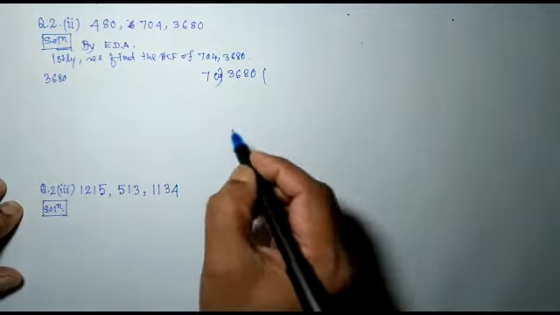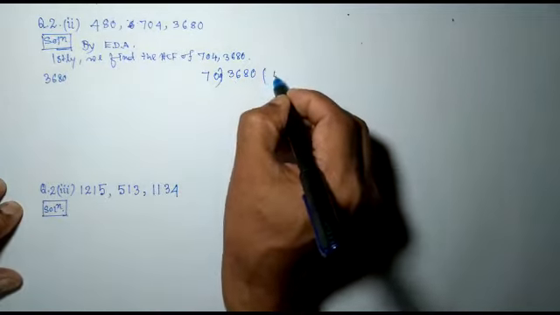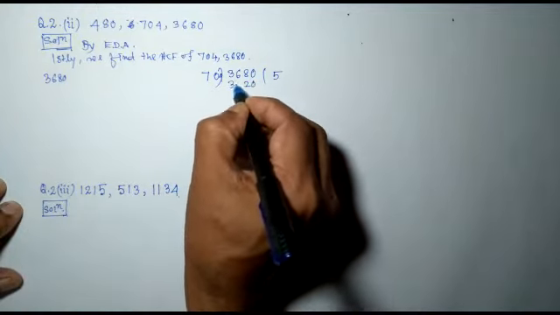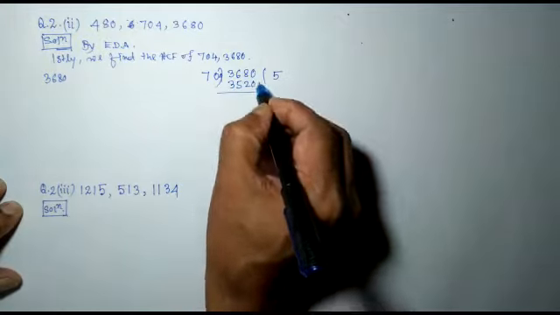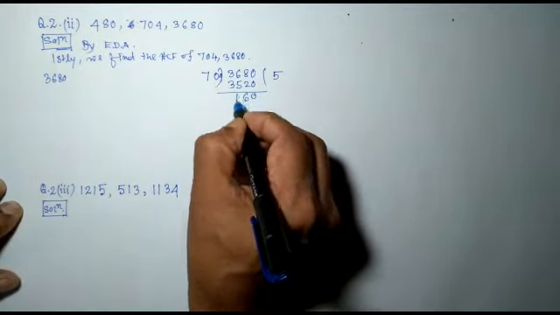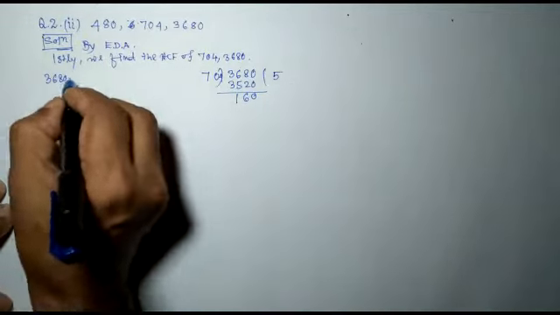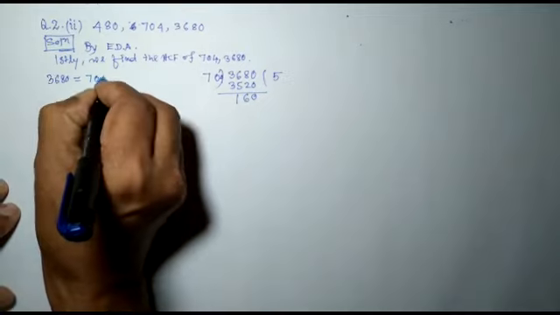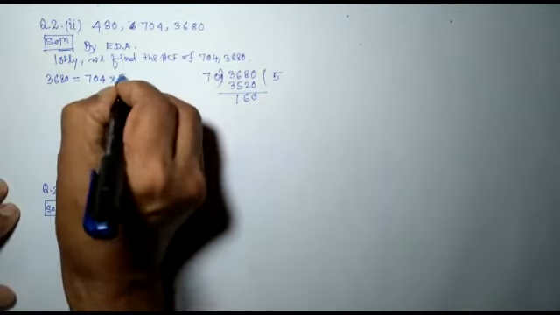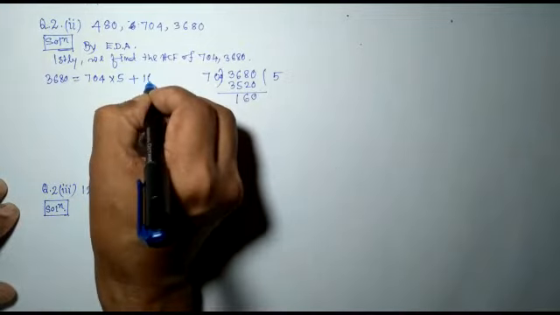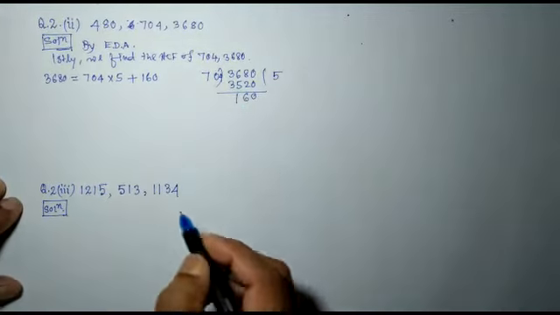As we see, it will go, I think, 5 times. 5 times 4 is 20 and this is 35. Subtracting, we get 0, then 6, then 1. So for this division, we write the dividend 3680 is equal to 704 into quotient 5 plus remainder 160.